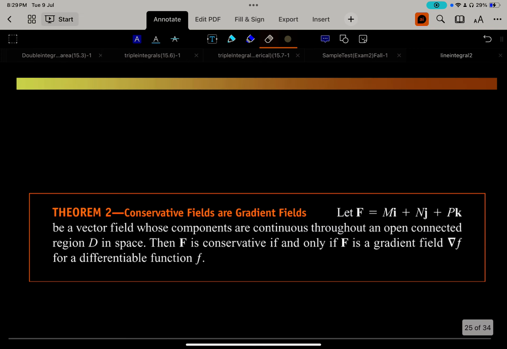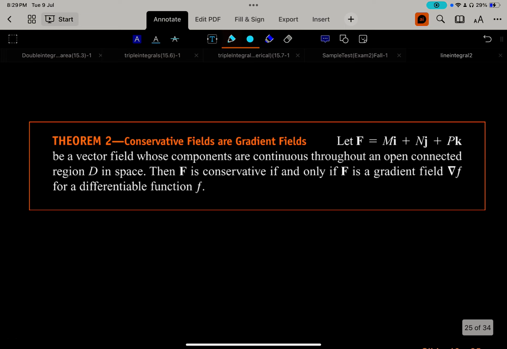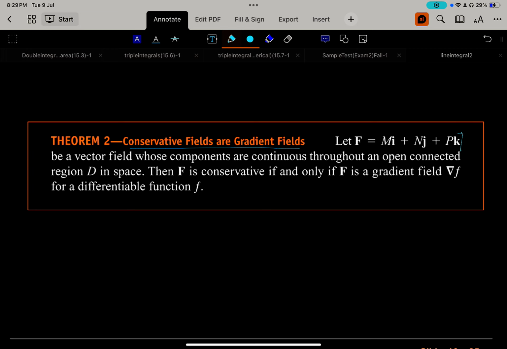So let's move on. Now, theorem 2: conservative fields as gradient fields. What does this mean? Let F equal Mi plus Nj plus Pk be a vector field whose components are continuous throughout an open connected region D in space. Then F is conservative if and only if F is a gradient field for a differentiable function f.